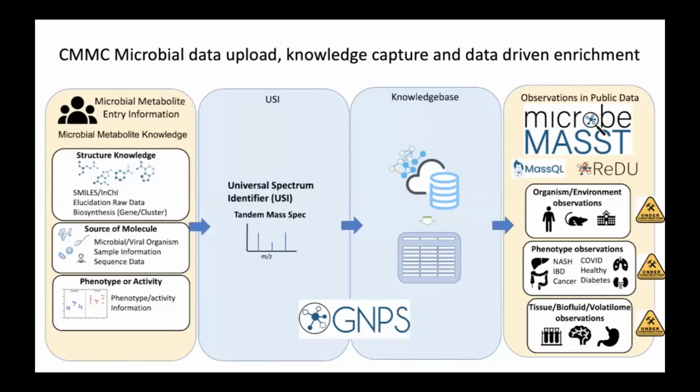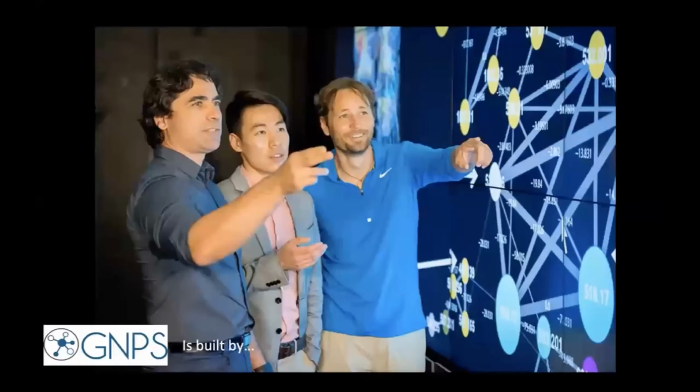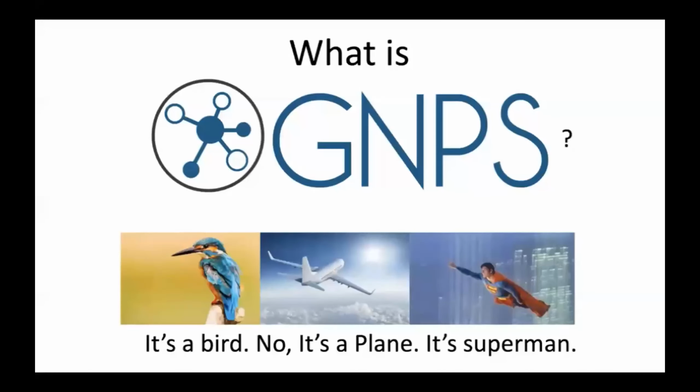This is a community infrastructure, but the people that are responsible for building GNPS are shown here: myself, Nuno Bandeira, and Ming Wang. He started this as a graduate student and continues it to date in his independent career at UC Riverside, and is certainly a key contributor to the work that I have shown here.